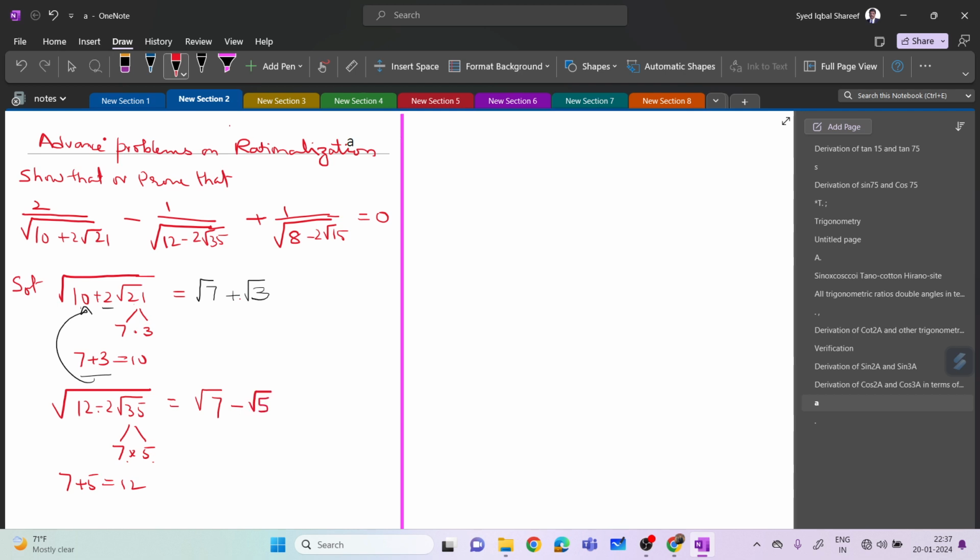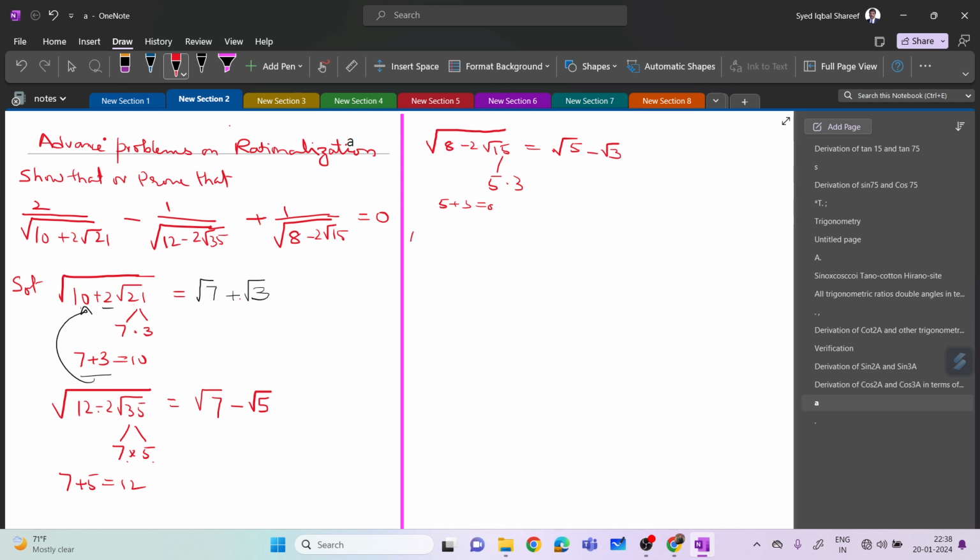Next, the third one, 8 minus 2 root 15. Here 5 times 3 is 15 and 5 plus 3 is 8. So first the big one, 5, then minus root 3.